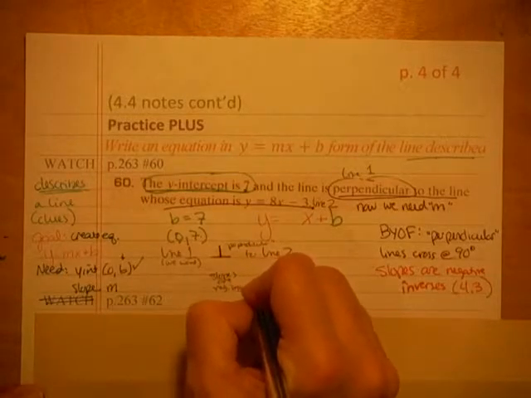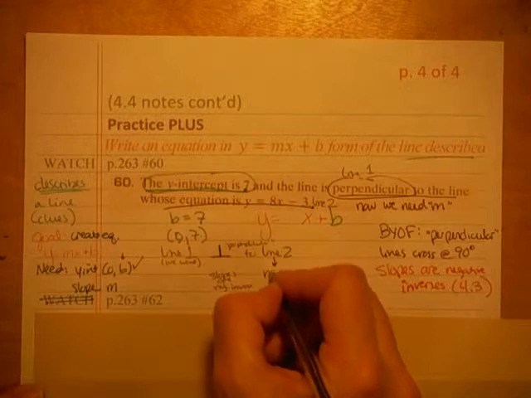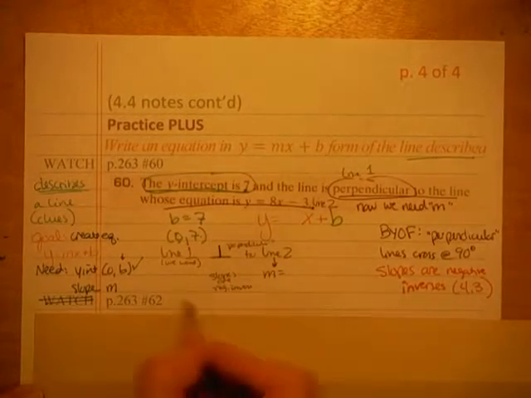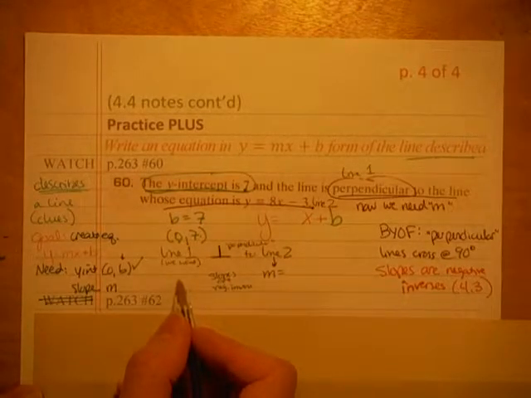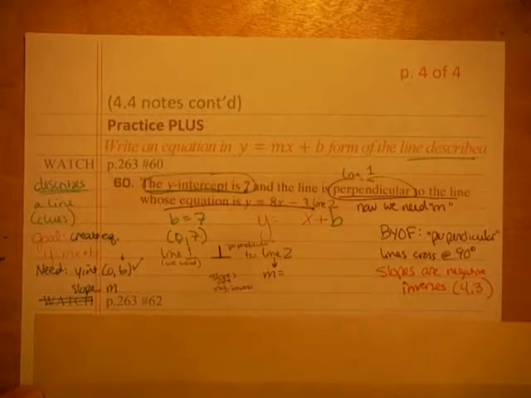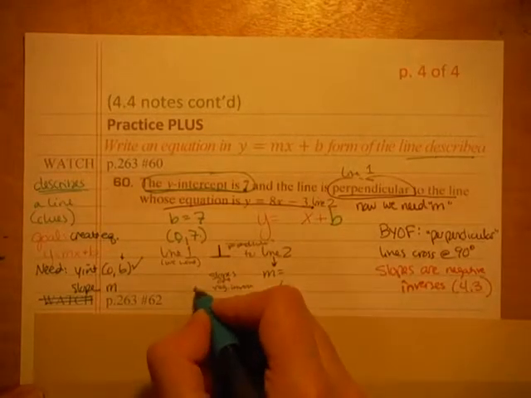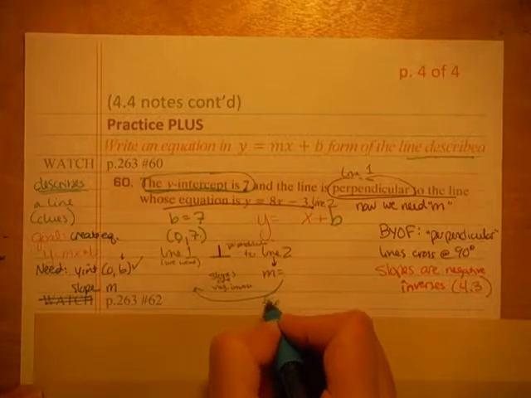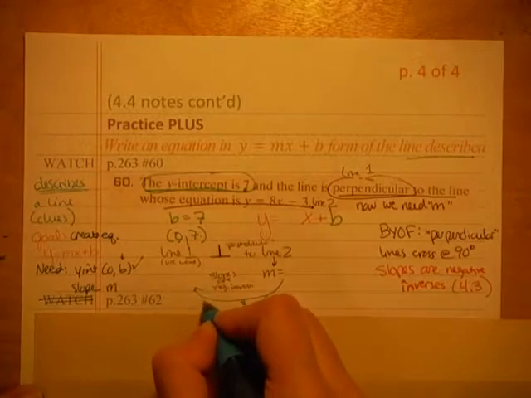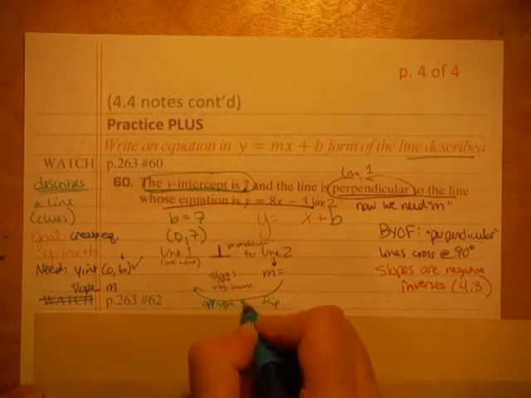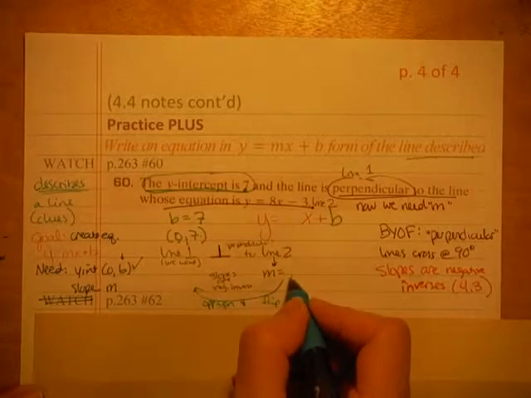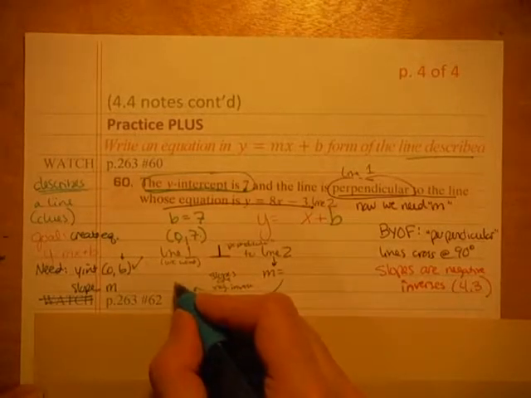So if we knew the slope of line 2, we could flip it and make it the opposite sign, and it would create the slope that we need for our line. So we would take this and we would flip and give it an opposite sign. So if this were positive, it would flip and become negative. If this were negative, it would flip and become positive.